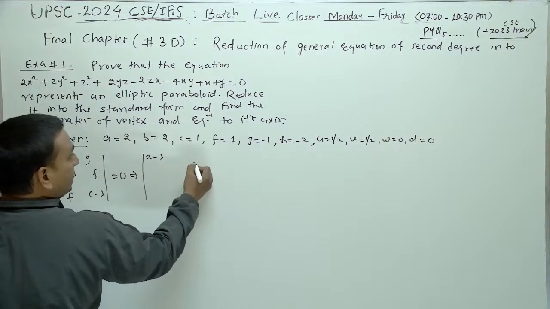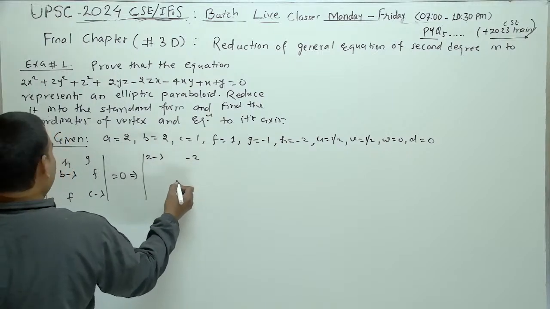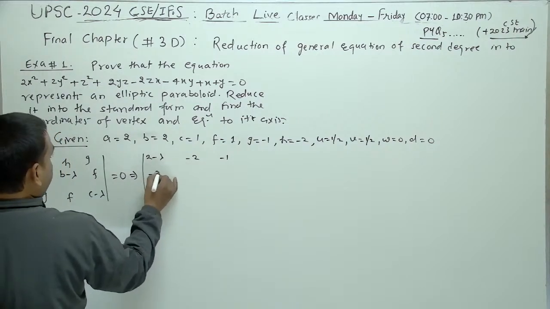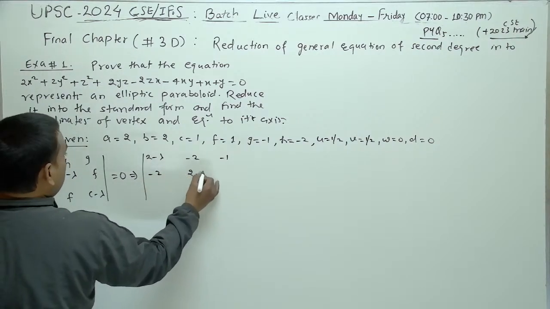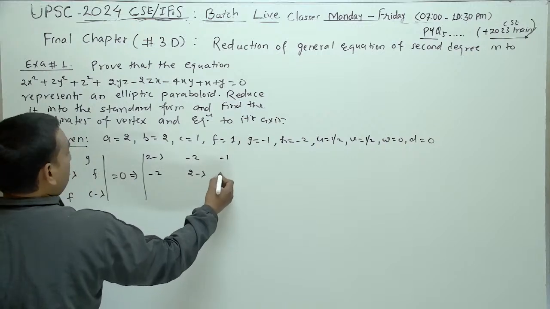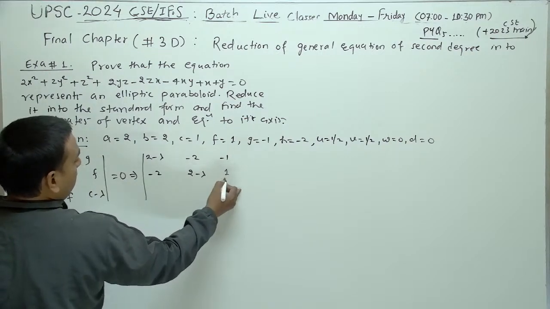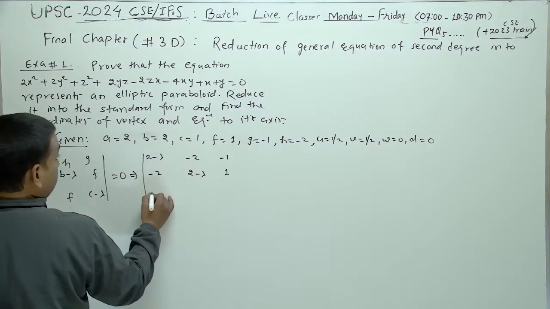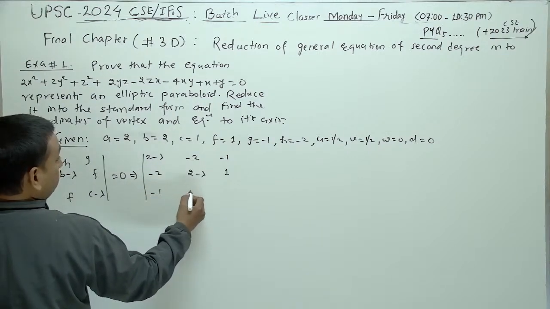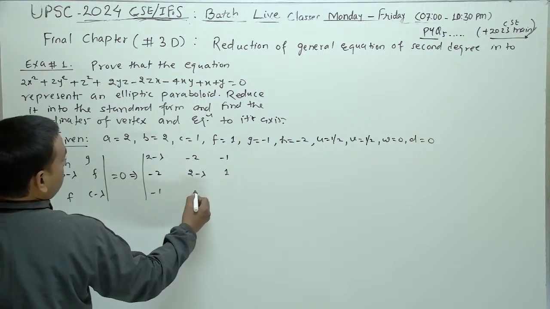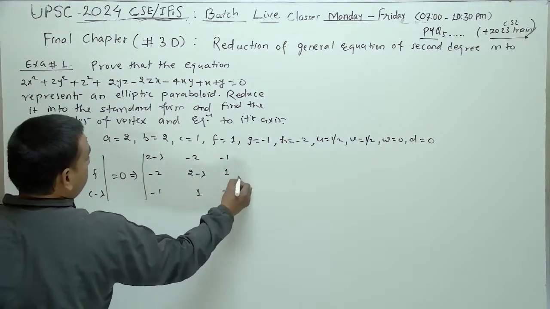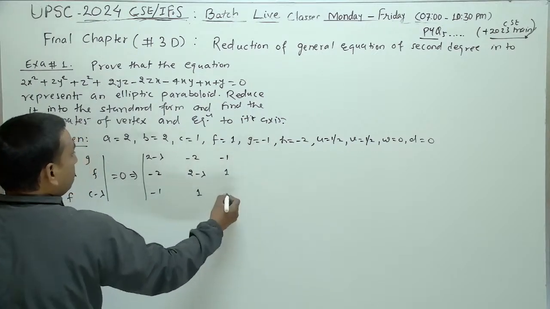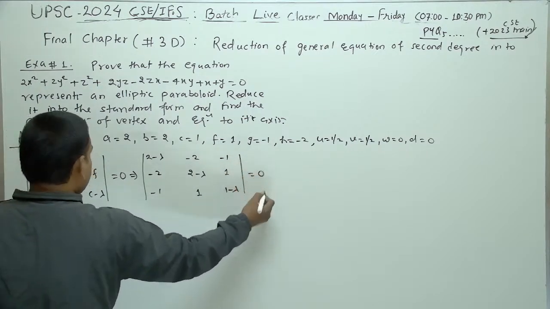Determinant with a minus lambda, h, g; h is minus 2, b is 2 minus lambda, f is 1; g is minus 1, f is 1, c minus lambda, equals 0.